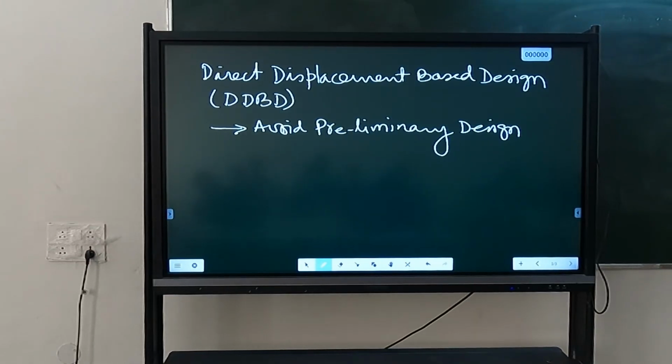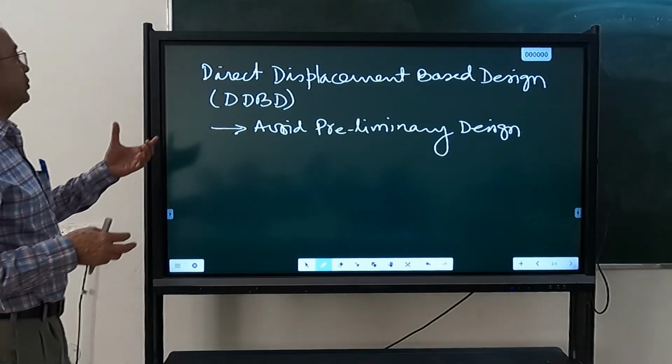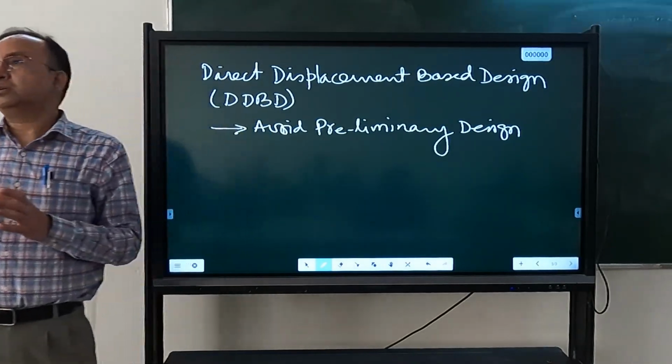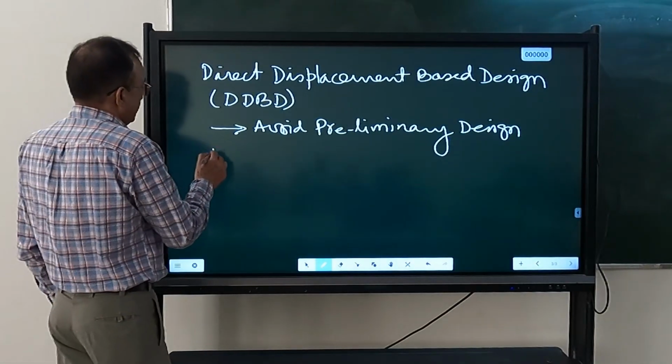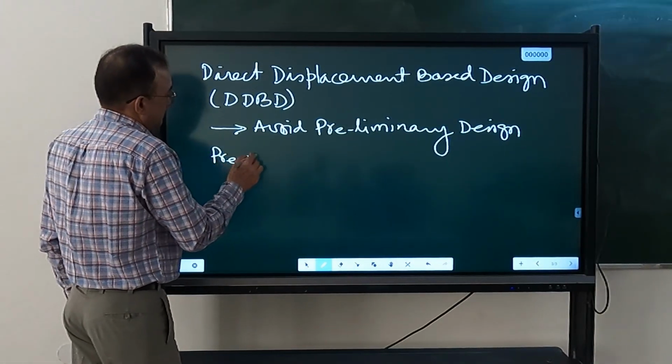Okay, you can treat this itself as a preliminary design, so it will give you a very good estimate of the design of the structure or the base shear of the structure for which you should design. It will give you a good estimate of that to get the targeted performance. Okay, what are the prerequisites to this?